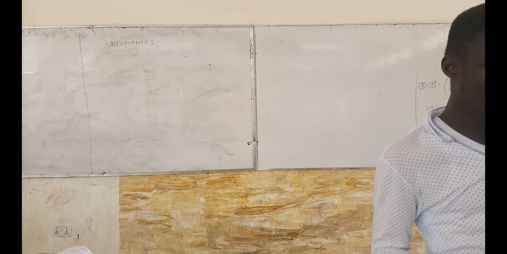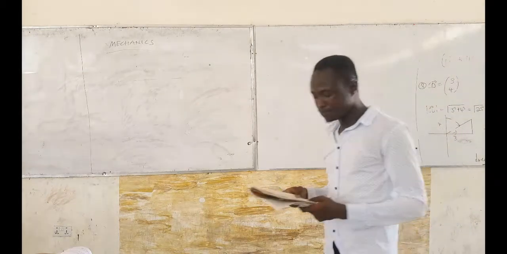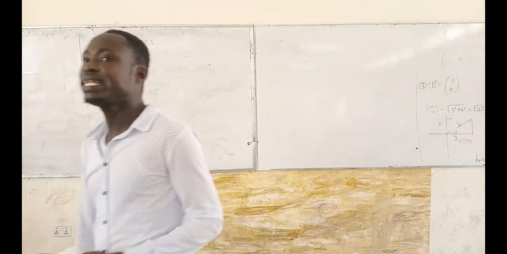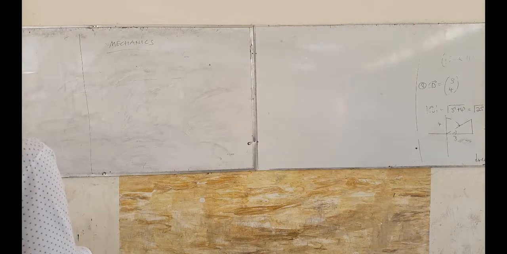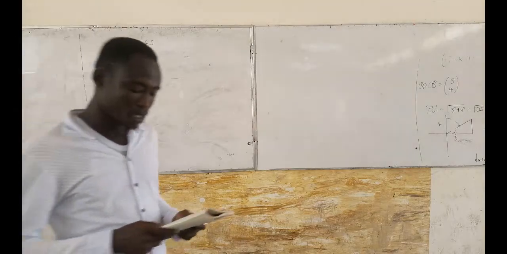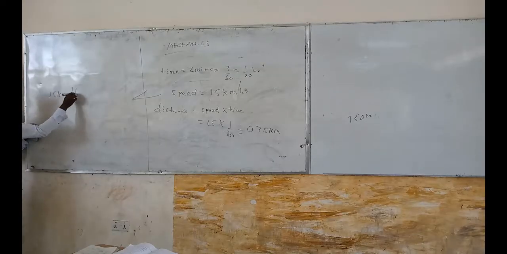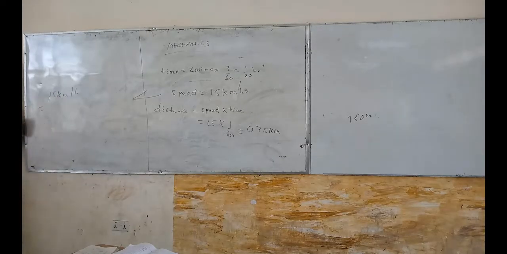Okay, now let's consider this very problem. Find the distance traveled in 3 minutes. So you see, if you want to change 50 kilometers per hour to meters per second, I have told you that every kilo represents what? 1,000.